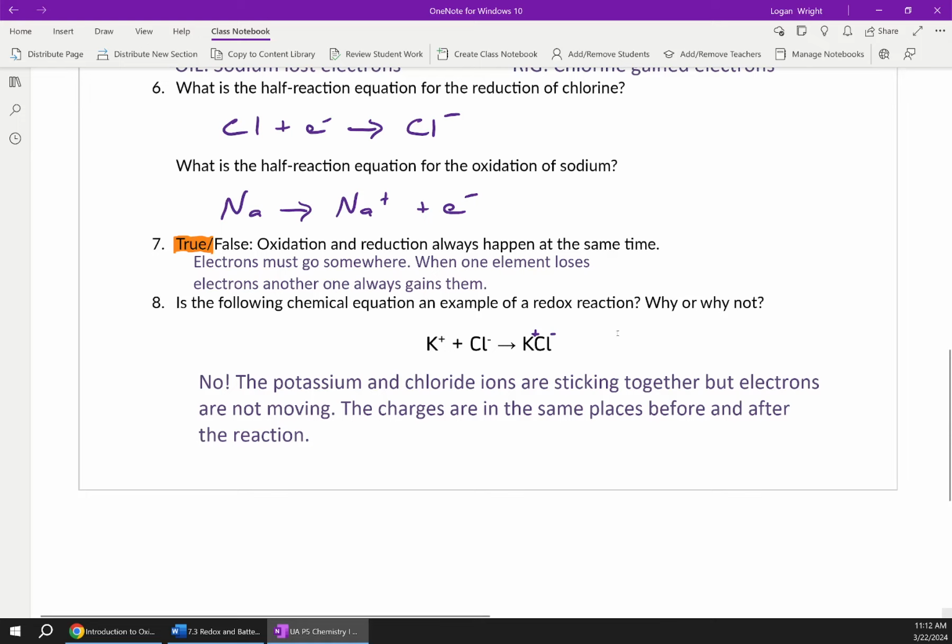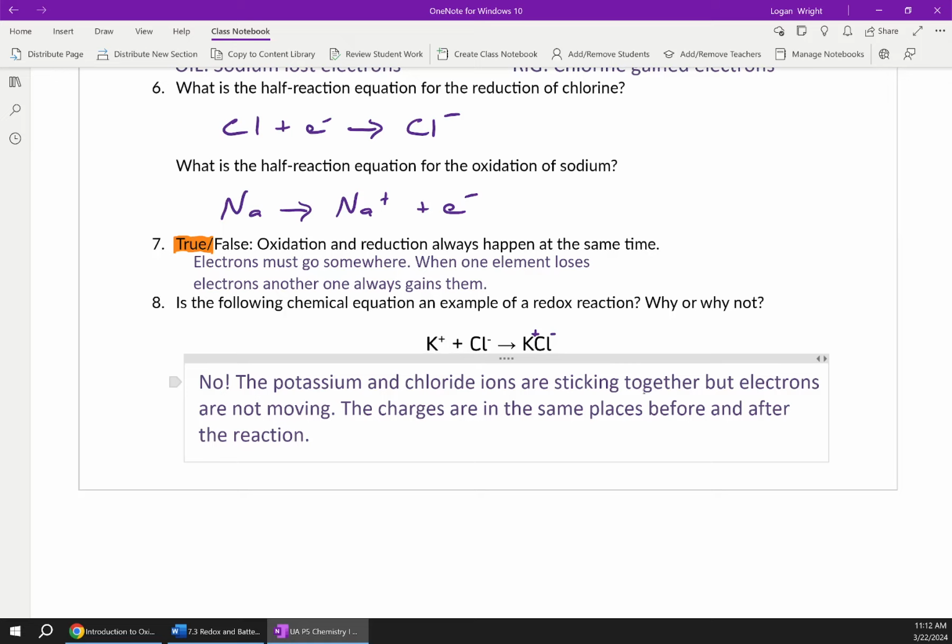Ionic means it's made out of ions, which means my positively charged potassium happens to be sticking to my negatively charged chlorine. Because it's positively charged potassium both before and after, I didn't do anything to its electrons. There was no electron transfer. Realistically, this isn't even a chemical reaction at all.